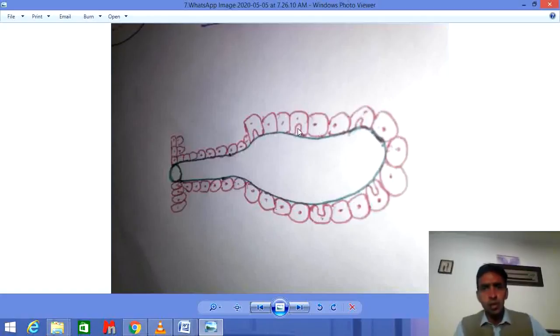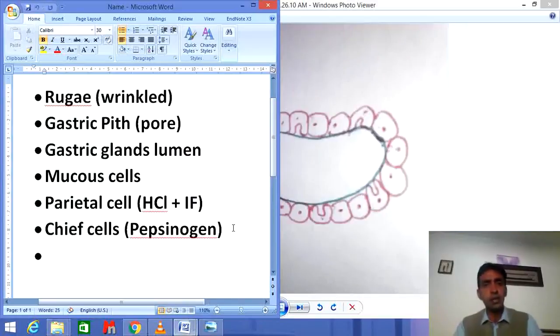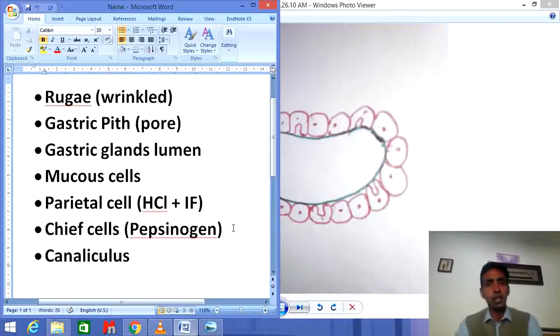It has a small cavity over here. This small canal is present in each parietal cell, and it is called a canaliculus. Canaliculus is the singular and canaliculi is the plural.